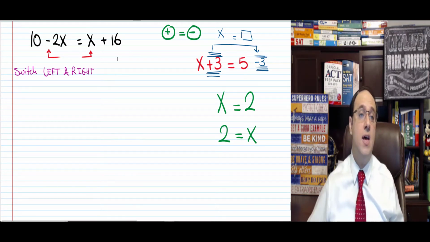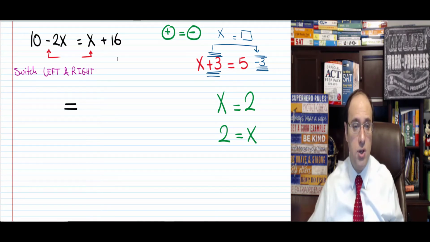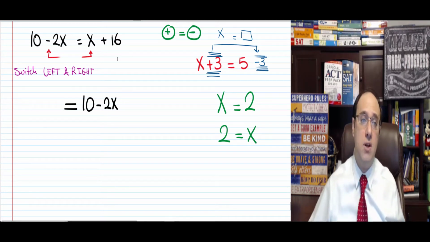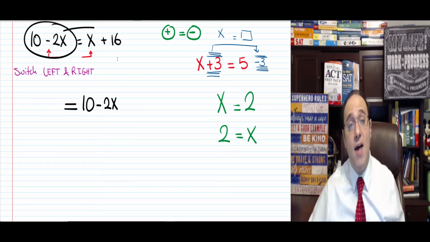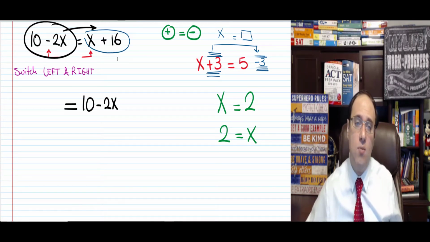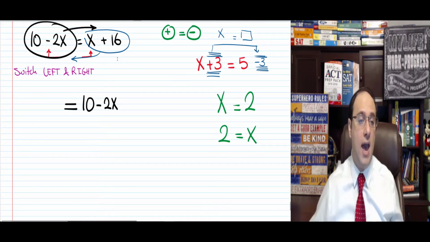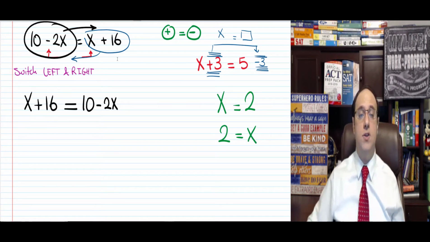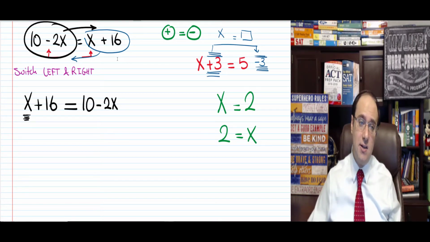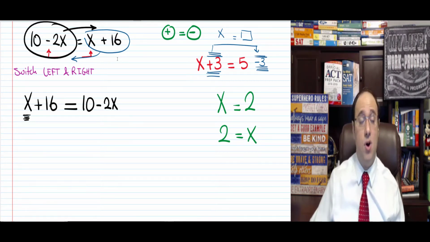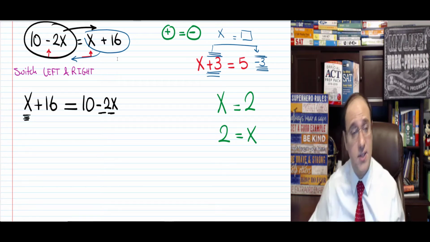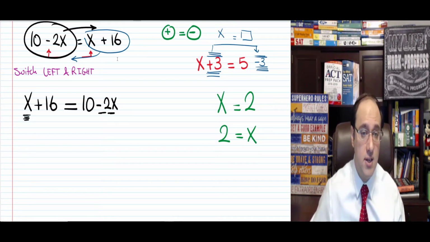So instead of 10 minus 2x equals, I'm going to keep it equals 10 minus 2x. I moved all of 10 minus 2x to the other side. At the same time, you have to move everything on the right and bring it to the left. So x plus 16 moves to the left. Now it looks better. Why? Because the positive x's, which is the x right here, are on the left, but it's only one, so it is on the left. And the negative x's are on the right. The negative 2x is on the right.